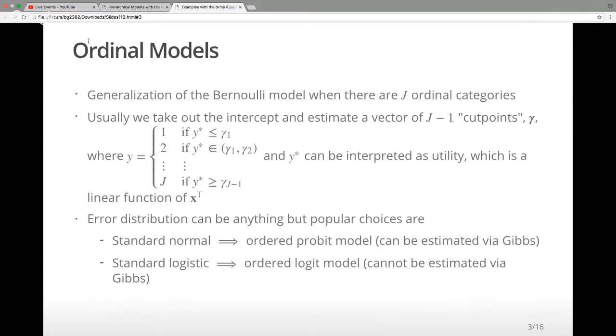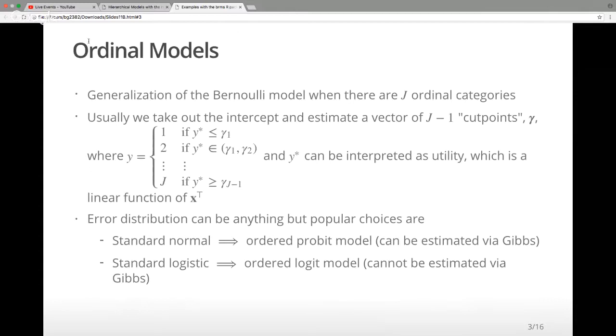And we have to estimate a vector of cut points, which I will call gamma. This vector is of size J-1 if you take the intercepts out. And we're thinking of an observation mechanism where the observed y is in the first category if another unknown value y star, which can be interpreted as utility and can be a linear or even a nonlinear function of predictors, is less than the first cut point.